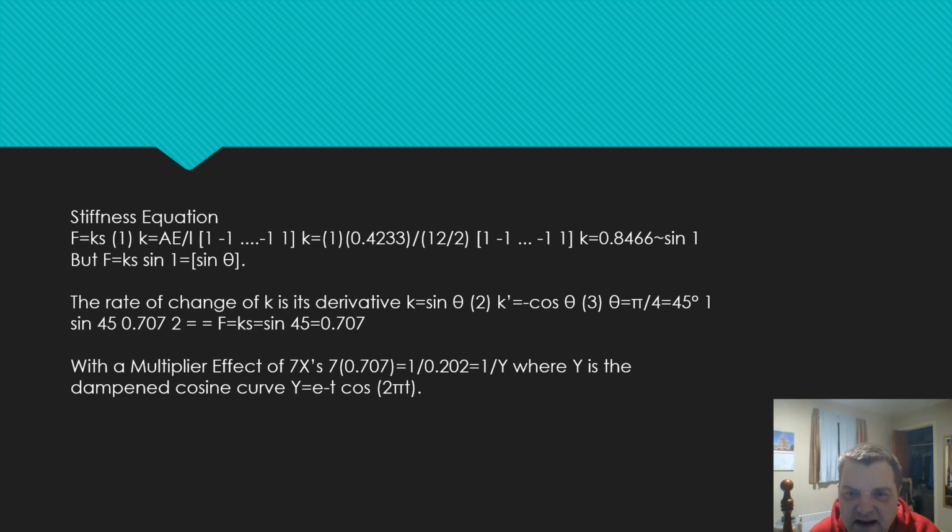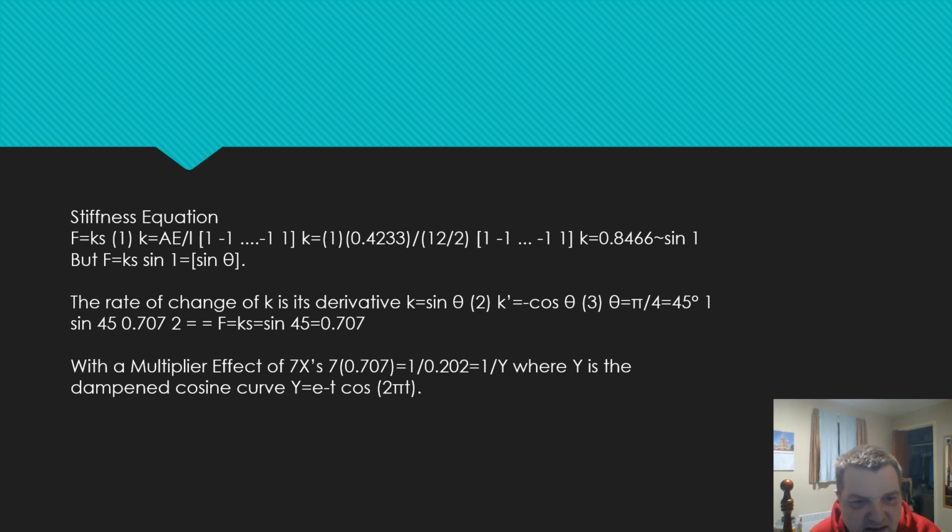And theta is equal to pi by 4, 45 degrees. So sine of 45 degrees, 1 over the sine of 45 degrees is 0.707, 1 over root 2, which is equal to minus Ks.